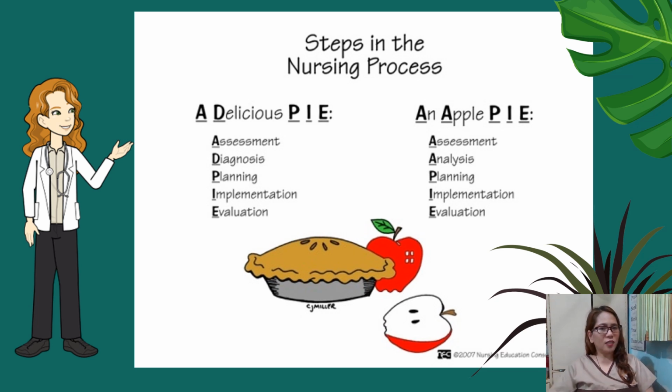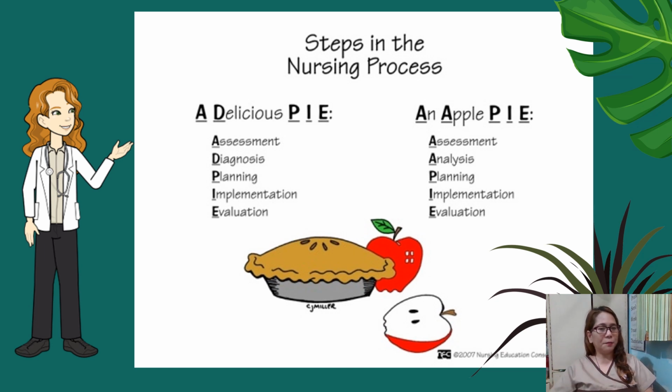For example, sabi natin kanina, may pain si client, no? Upon assessment, the client complained of pain. And then, so your diagnosis is acute pain related to inflamed appendix. And then, your plan is to decrease the pain. So, how will you decrease the pain? Dapat alam mo yung sa assessment pa lang, yung subjective niya, dapat naging objective yon.